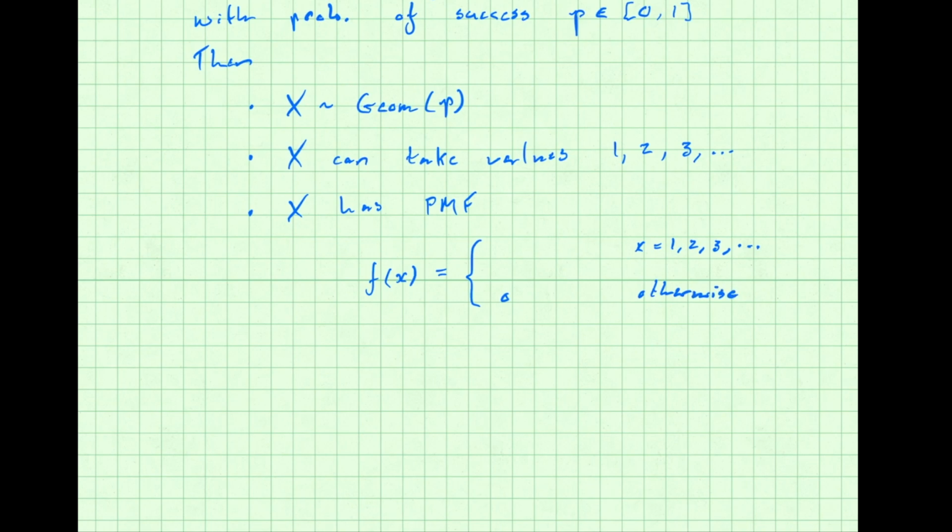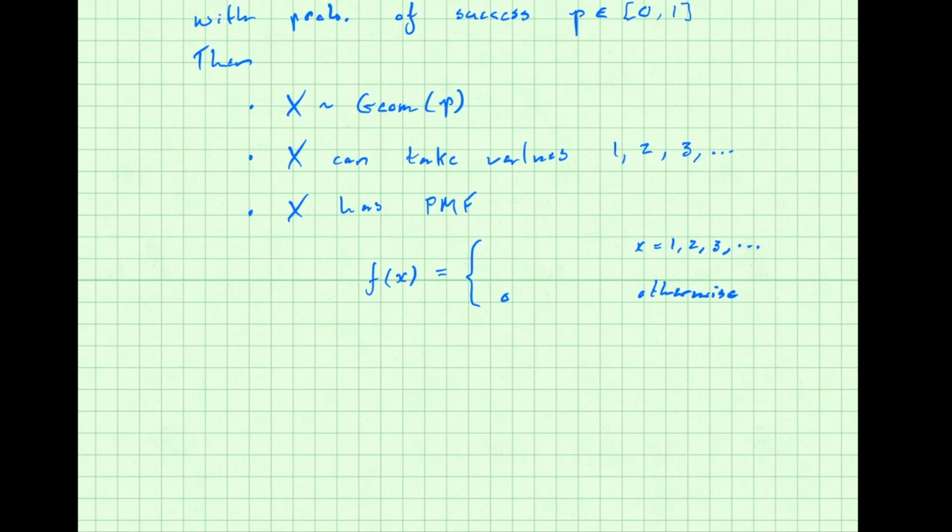In other words, the random variable x can only have the values that I'm about to show: 1, 2, 3, and so on. And so for that, what is the probability? This is that after x, you have had your first success, right?